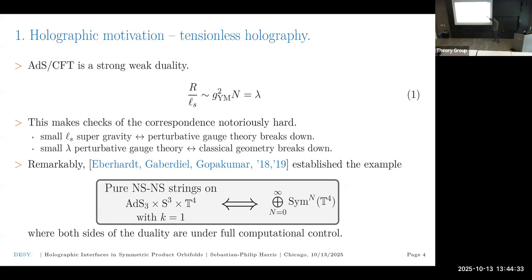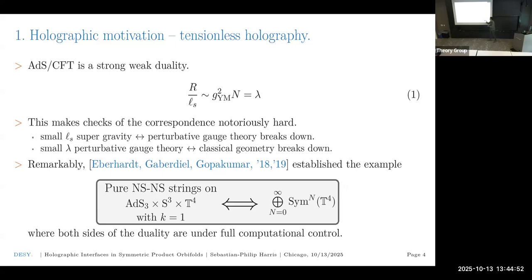In this context, it's very remarkable that around 2018, 2019, Eberhardt, Gaberdiel, and Gopakumar managed to establish an example where both sides of the duality are simultaneously under full computational control.